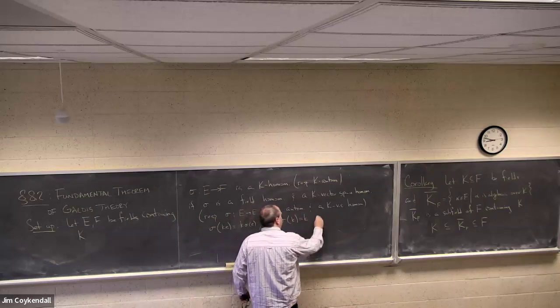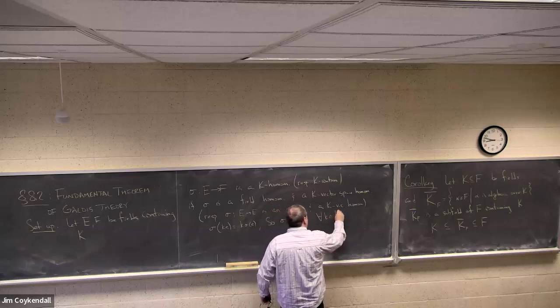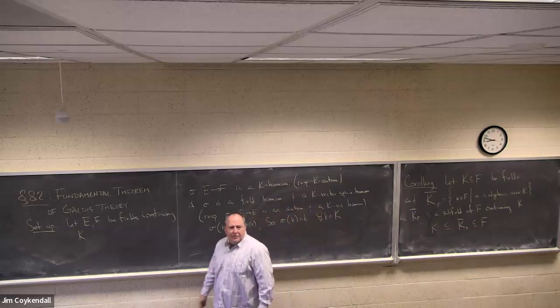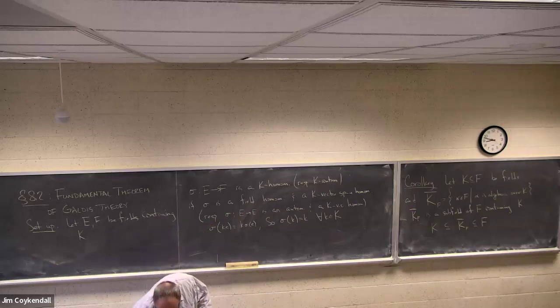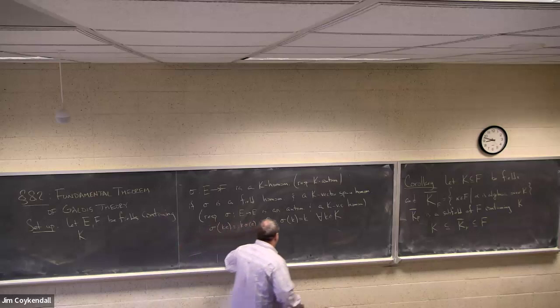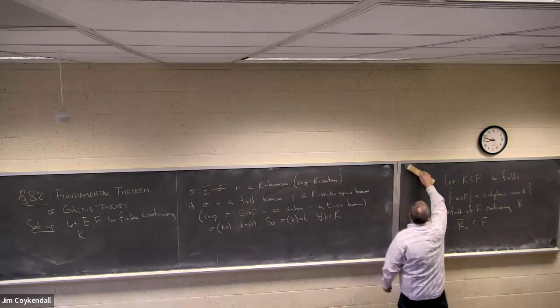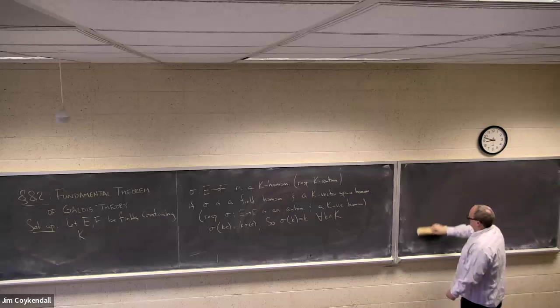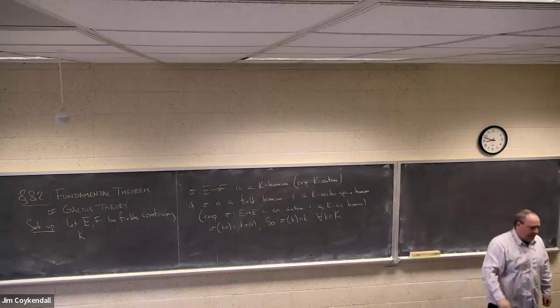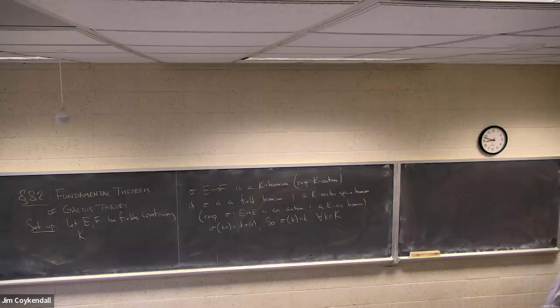Sigma must be fixed on K. It's the identity on K. Why is it called the field homomorphism? Is there anything else more? It has to be one-to-one. Okay. Right, yeah, it has to be one-to-one.